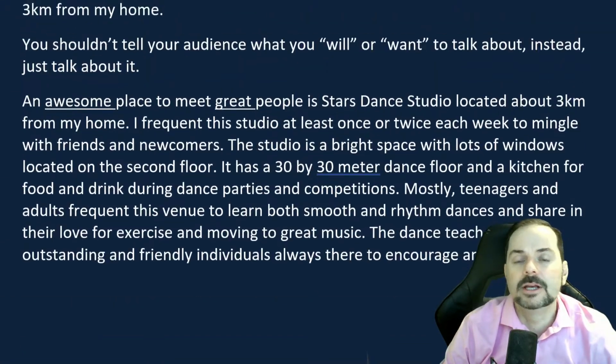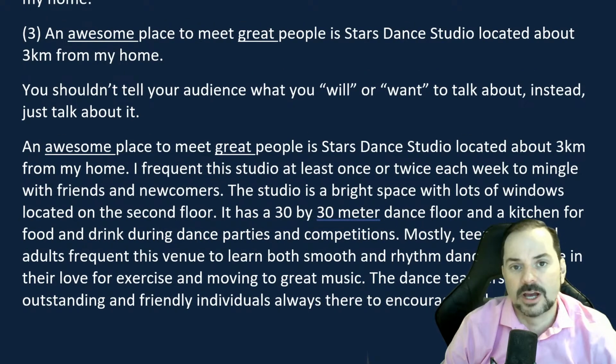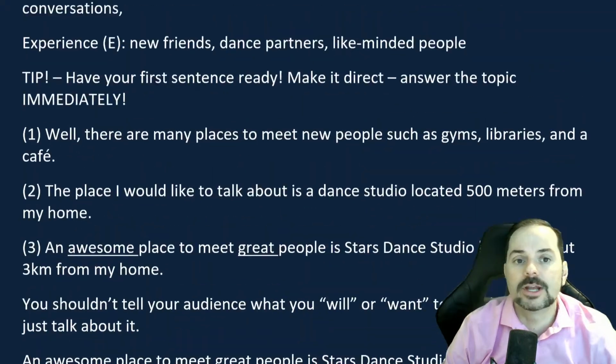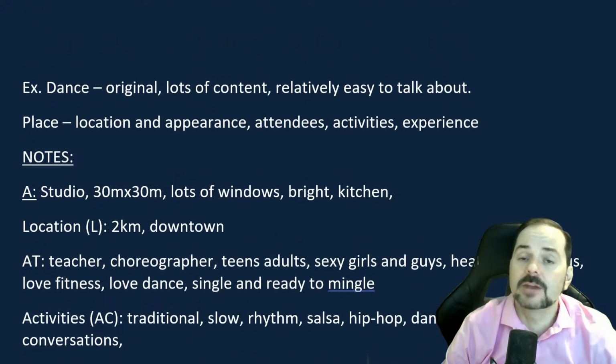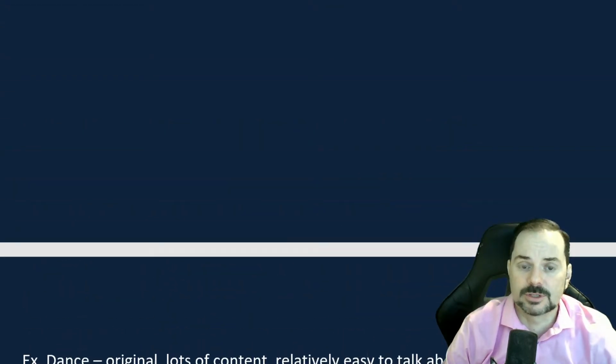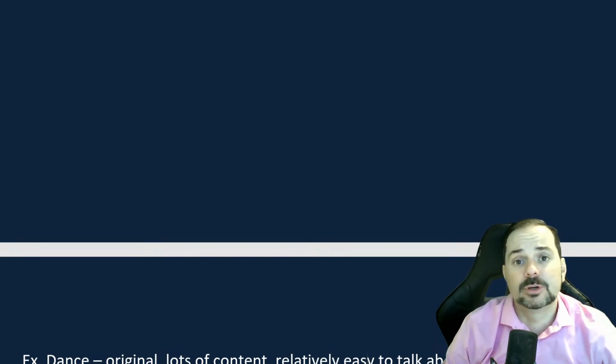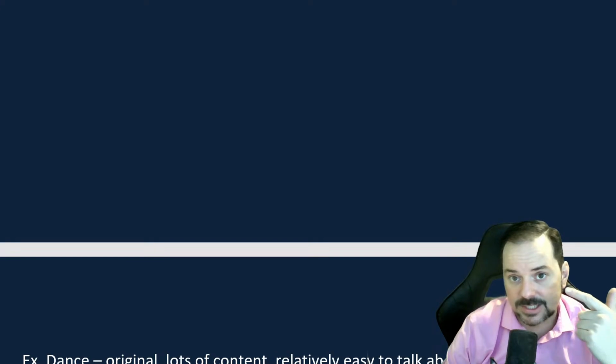Okay, everybody. So one more time, here is the cue card and the response for today. Again, remember these very important tips, okay? So choose your answer wisely, tip number 1, okay? Tip number 2, make sure to have your first sentence ready, okay?